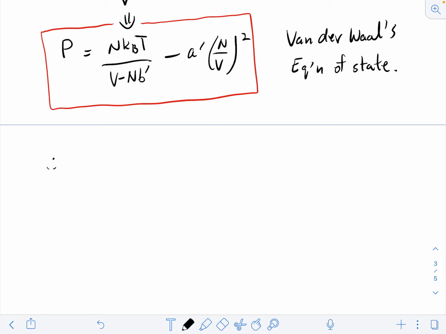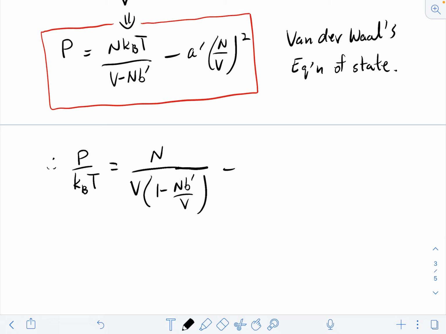Okay, so let's divide by kBT, and then what we're going to get is n over, in the denominator, I'm going to factor out the V, so we get 1 minus nb' over V, is equal to minus a', we had to divide by kBT, and then we have n over V squared.